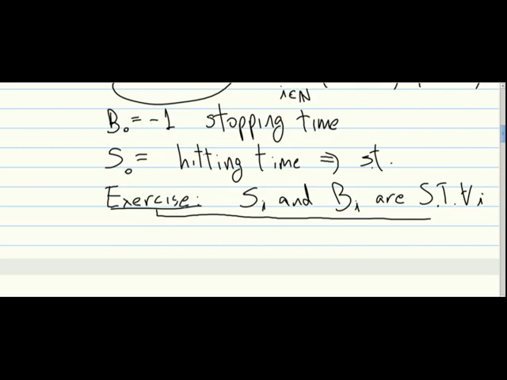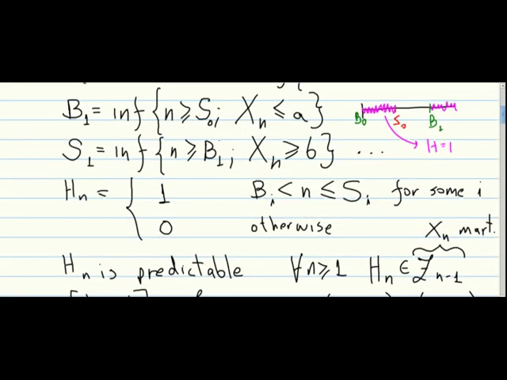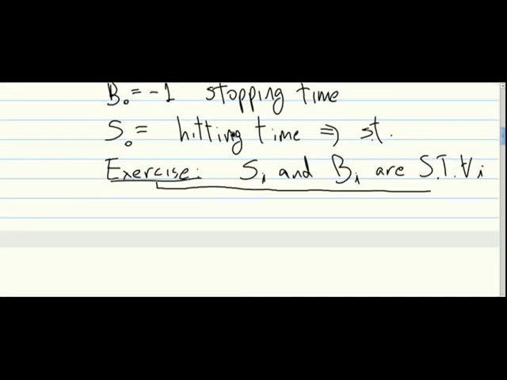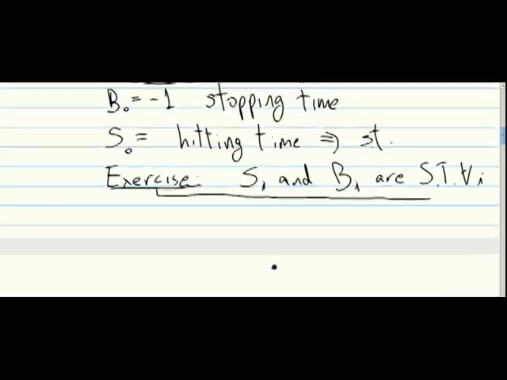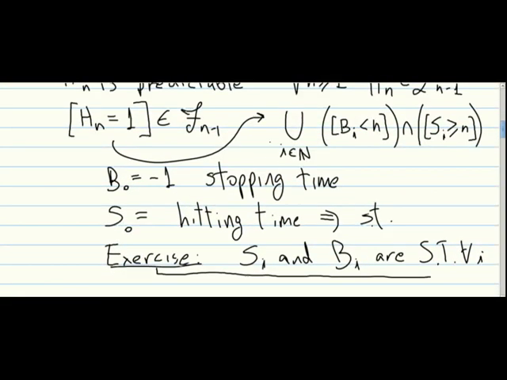Actually, more generally, if you have a hitting time, so the first time that the process enters a set, but after another stopping time, then this is also a stopping time. It's like a chained hitting time. So you can prove this, and in particular, you get by induction that all these are stopping times. So now we have that Si's and Bi's are stopping times, and we can get back to what we want to show, right? Let's copy this.